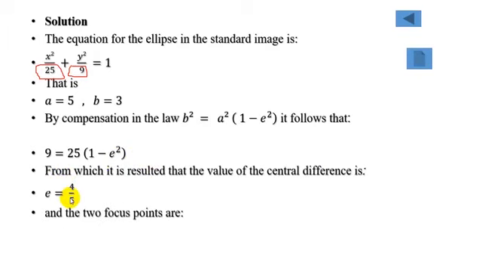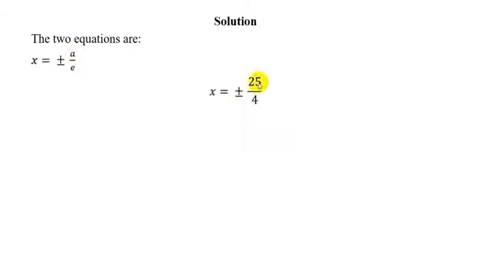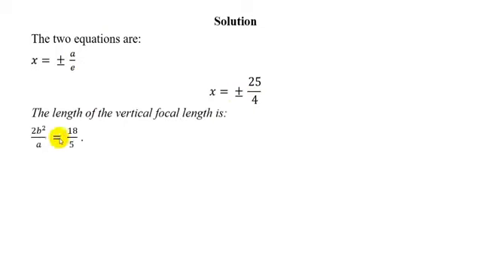Once we get that, the two points of focus are (plus or minus 4, 0). The two directrices are x equals a over e, so 25 over 4 plus or minus, and the length is 2b square over a, which is 18 over 5. So we get the answer.